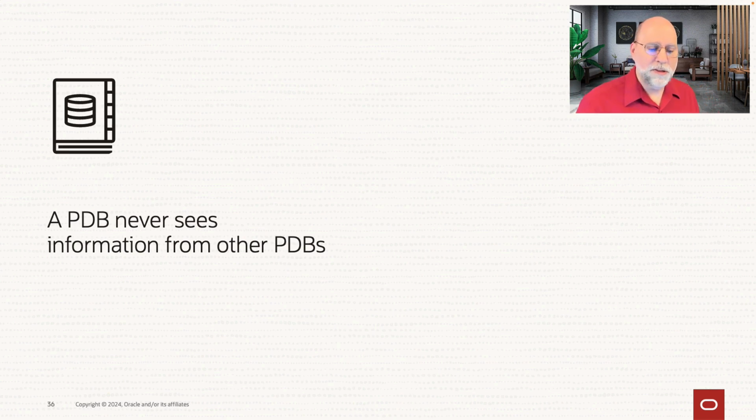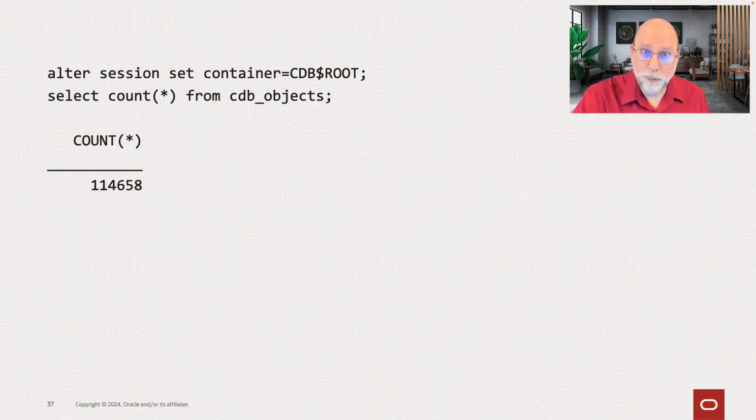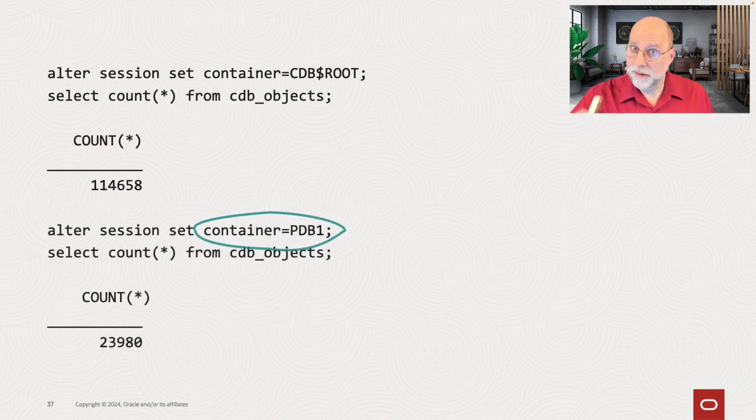So if you go into the CDB root, again, you have to be a privileged user to do that, and you select count(*) from CDB_OBJECTS. In this case, we've got something over 100,000 objects listed there. But if we then, with that same user, go inside a PDB, we see a much smaller number of objects. And here's another little hint: some of those objects are going to be pointers to objects in the root.